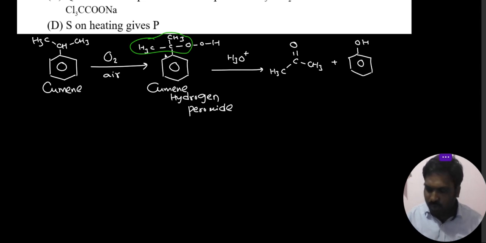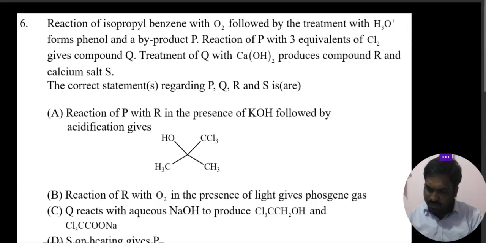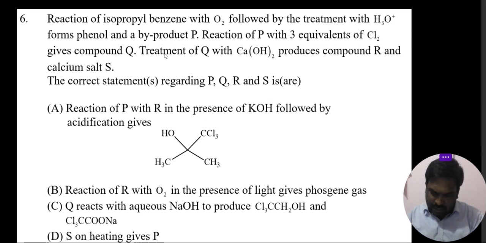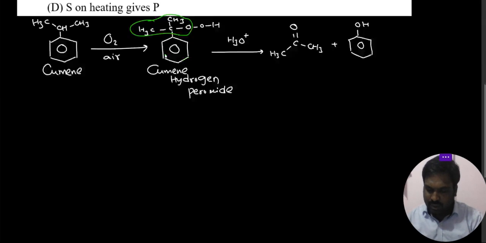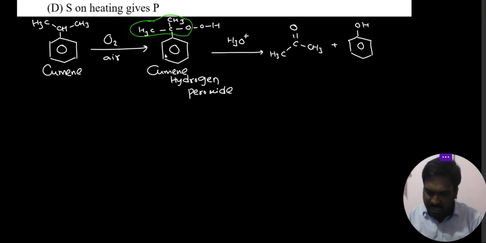Understood? Now, moving to the question, it forms phenol and a byproduct P. So this byproduct is acetone.